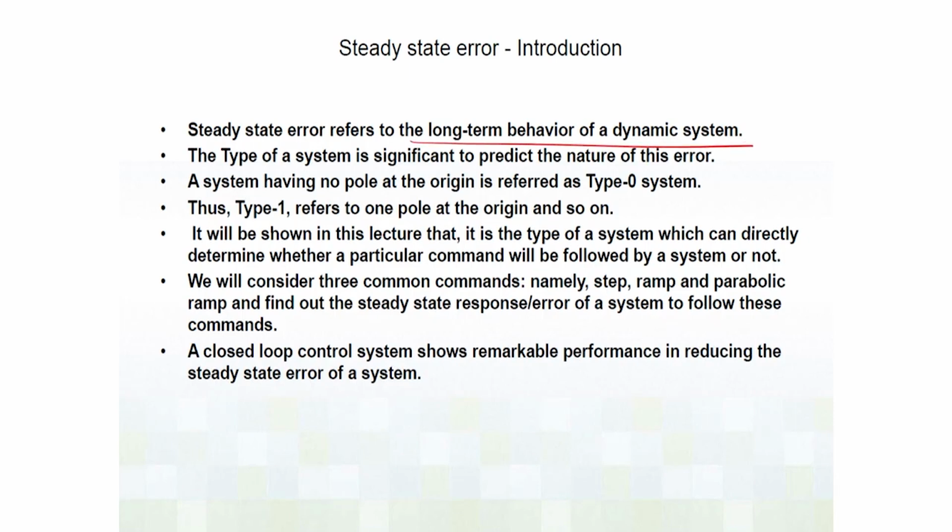Now, the type of a system is significant in terms of this dynamic system. If a system has no pole at the origin, then it is referred to as a type 0 system. That means, if a transfer function looks something like this, let us say 1 over s into (s plus some constant), here you have a root which is at the origin.